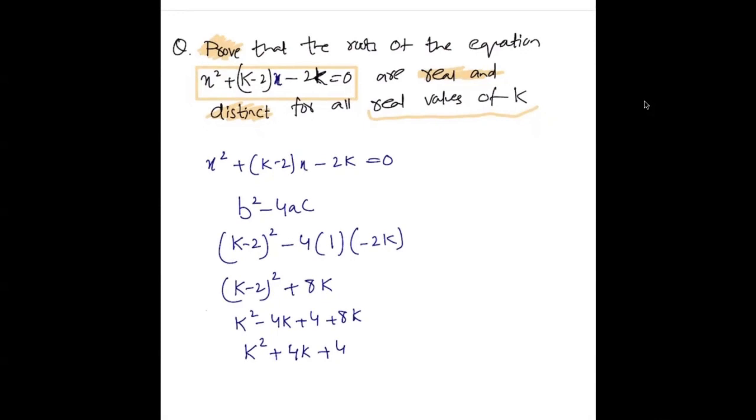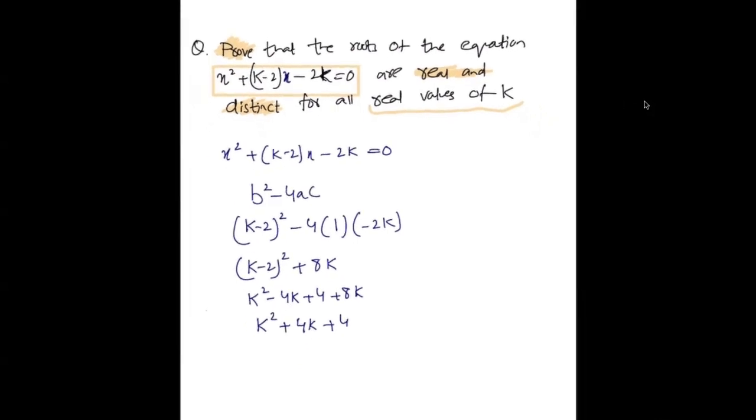Is everyone with me till here? Now at this step, I want you guys to make the completing square form of this. Because from this form, I cannot tell that whatever value of k I'll plug in, it's always going to be positive. So the better way is to go for a completing square form for this.